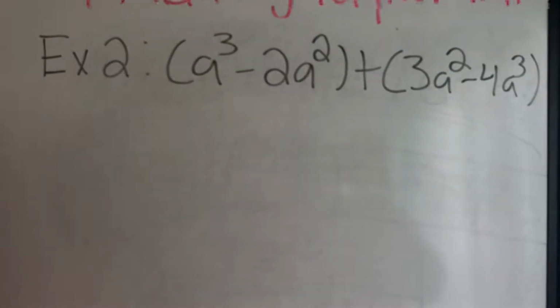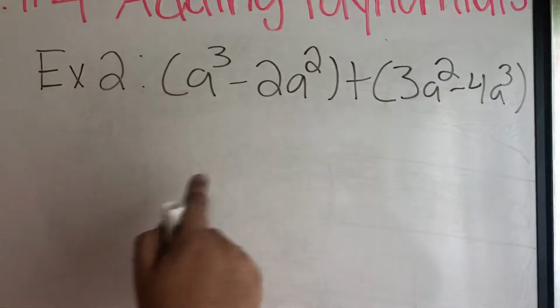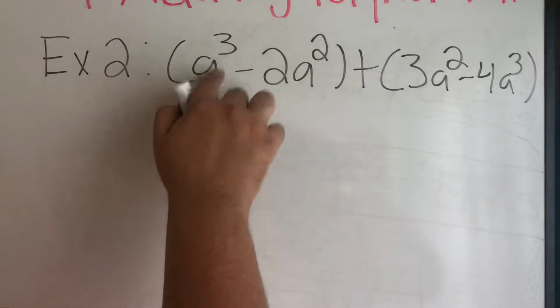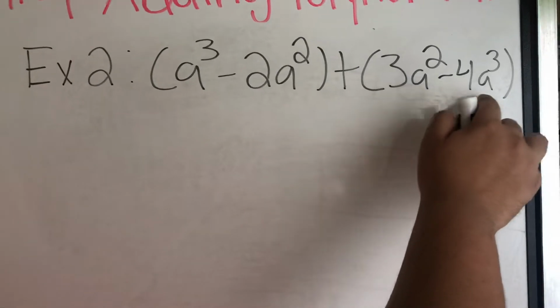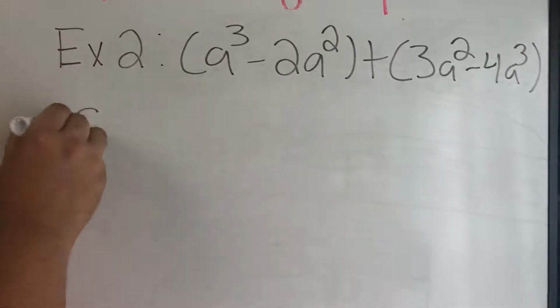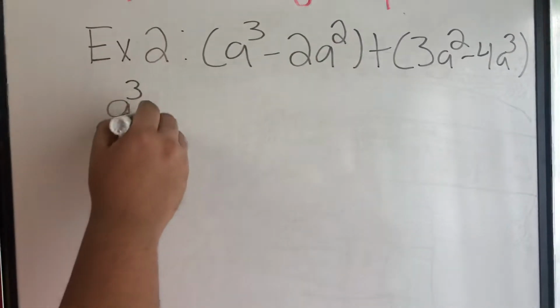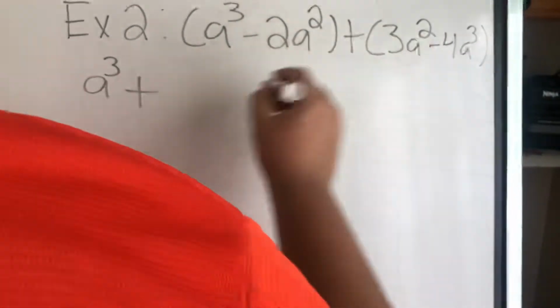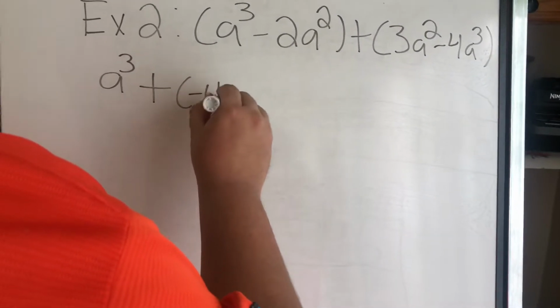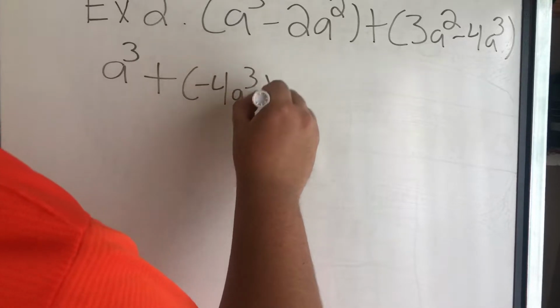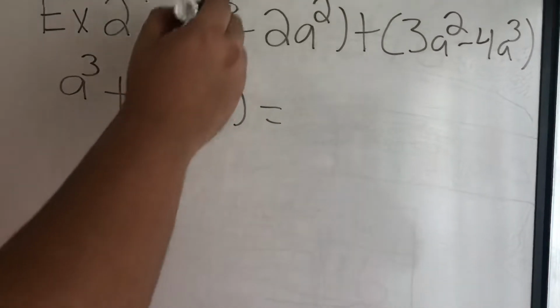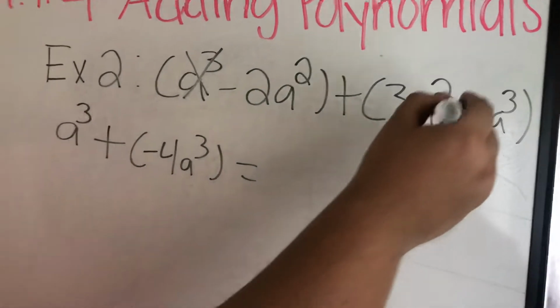So once again, begin with the problem that has the highest exponent. I noticed 2 of them, a to the power of 3, negative 4a to the power of 3. So it's going to be a cubed plus negative 4a to the power of 3. We're going to simplify that shortly, so I'm done using this, and I'm done using this one.